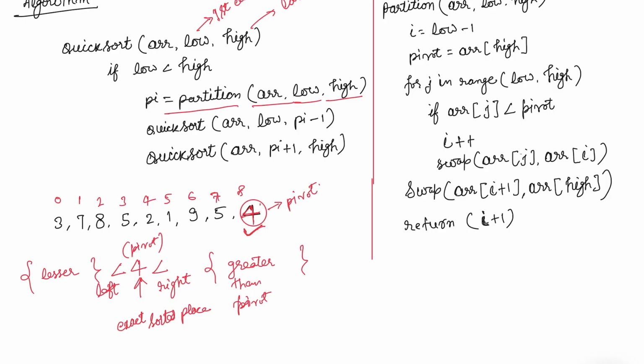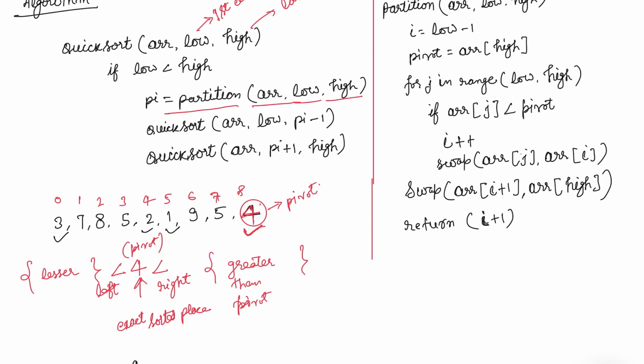It will be better to understand this way. If we take it here, 3 is less than 4, this is less than 4, 2 is less than 4, and 1 is also less than 4. So all of these should be in the left direction of 4, and 4 should be here, and whatever is greater than 4 should be in the right direction.